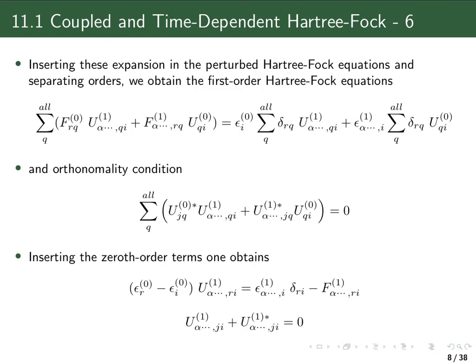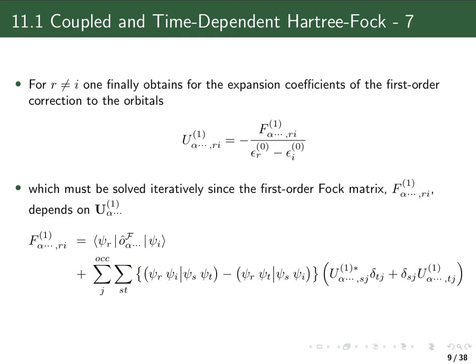Now, if you consider the case that R is not equal to I, where I are the occupied orbitals in the Hartree-Fock equations here, we therefore only look at the equations where R is a virtual orbital A, and now insert also the first order expression for the Fock matrix. Then we can collect all the terms which include the U's on one side and the orbitals on the other.